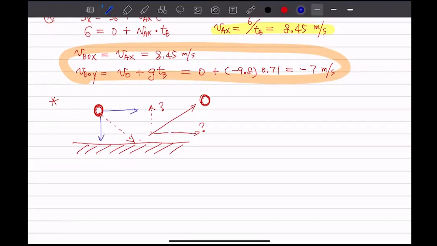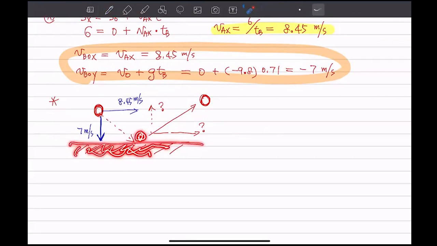That was obtained as 8.45 meter per second. And this one, -7 meter per second, which means it's going downwards, right? And that was 7 meter per second. Okay. And we assume that this floor ground is very smooth, so there's no friction applied when this ball hits the ground.